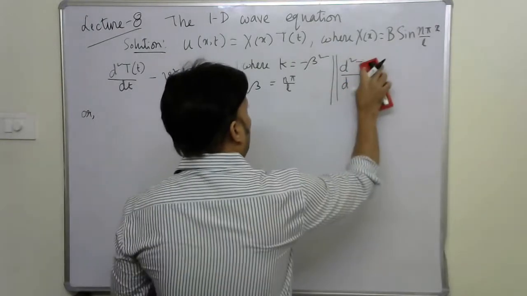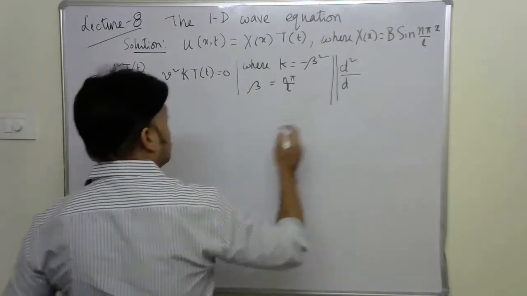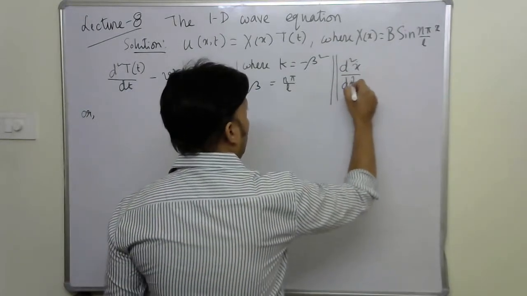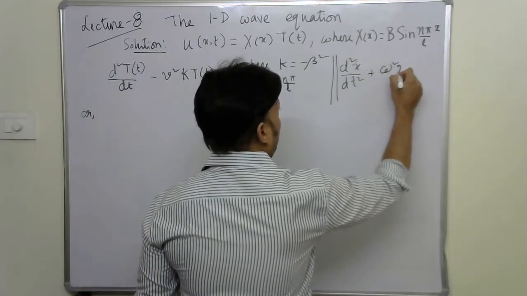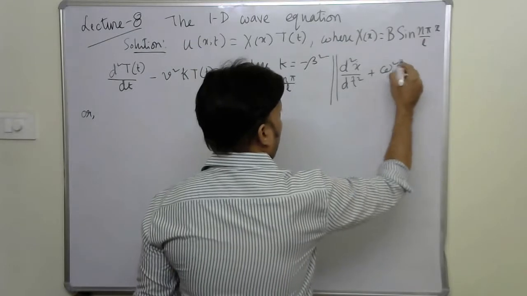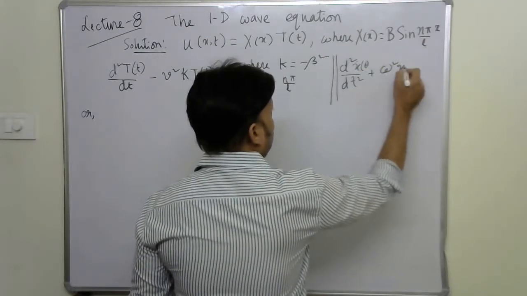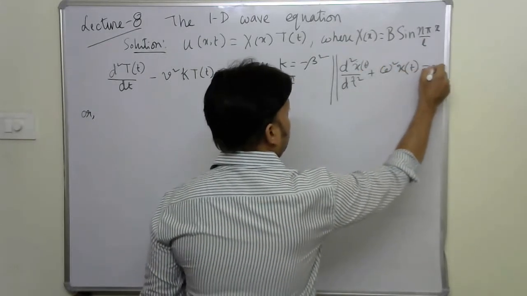So if we can recognize this one, the equation corresponding to the simple harmonic motion, d²x/dt² plus omega square x. Actually these are all functions of t, x is a function of t, is equal to 0.